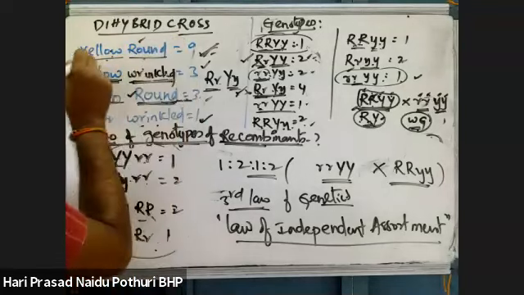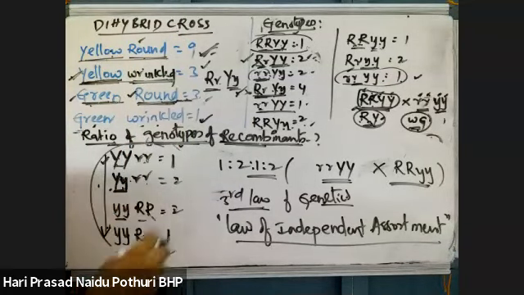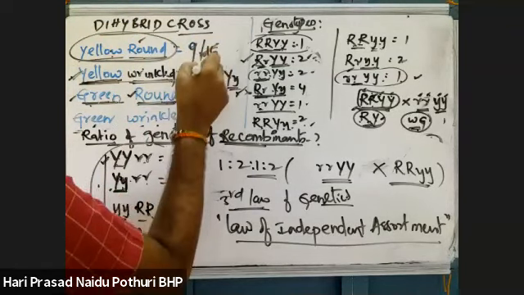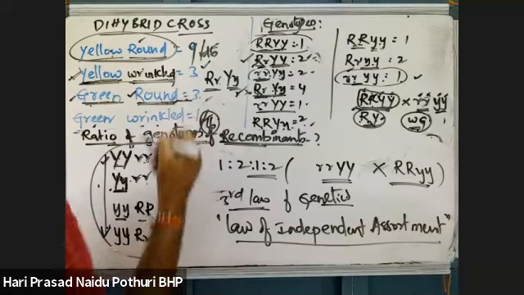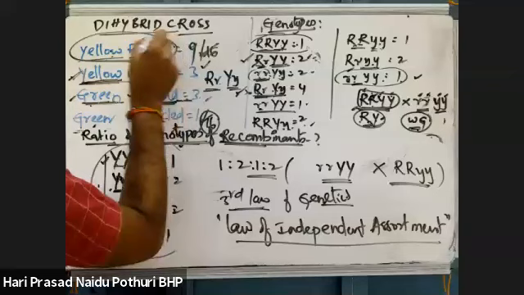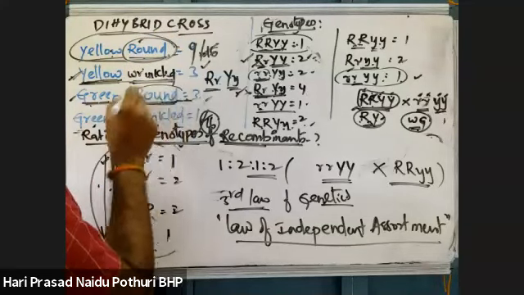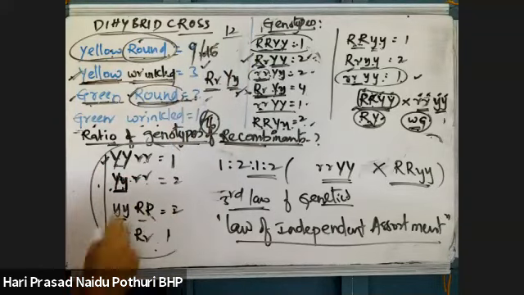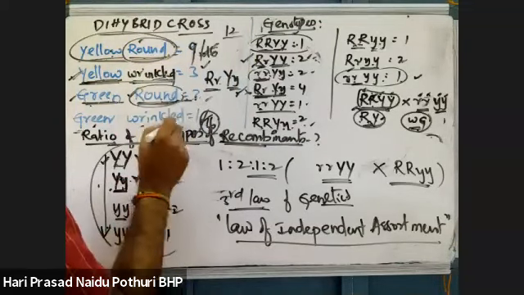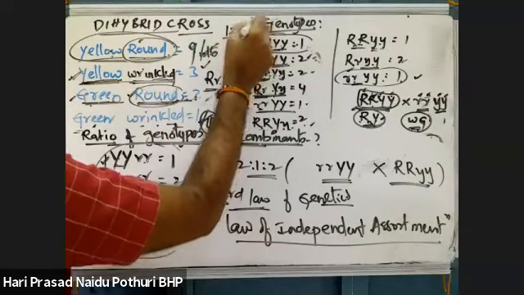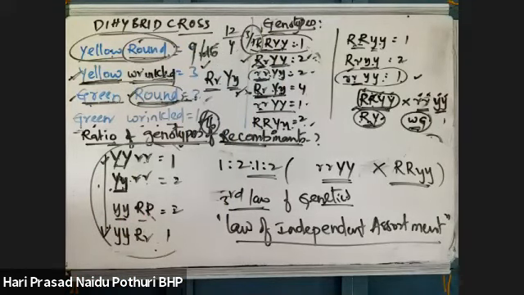See here, these are proportions. If we consider both characters, 9/16 is dominant, 1/16 is recessive. But what is the ratio here? Round: here 9, here 3, that means 12. Wrinkled: 3 plus 1, so 12 to 4. That is a 3:1 ratio. I told you, 3:1 for a single gene.